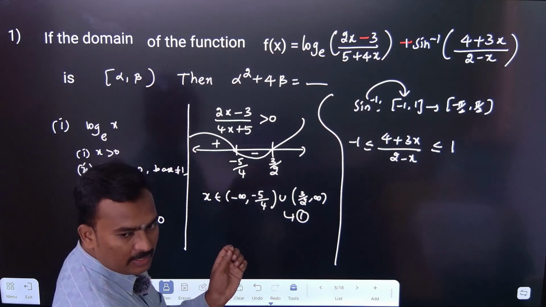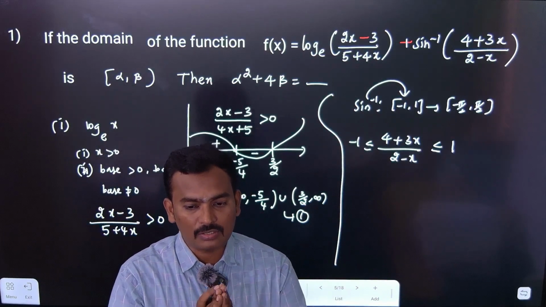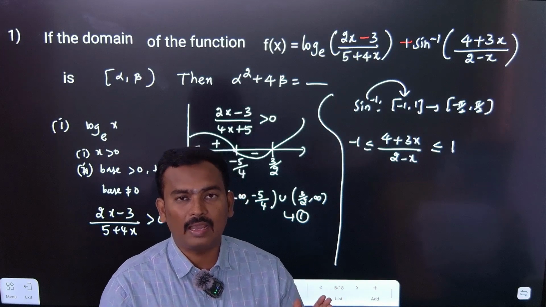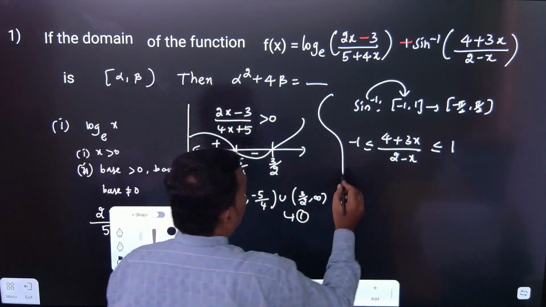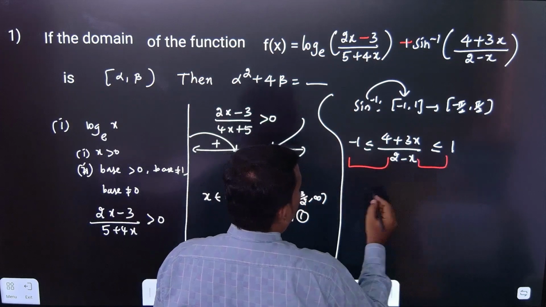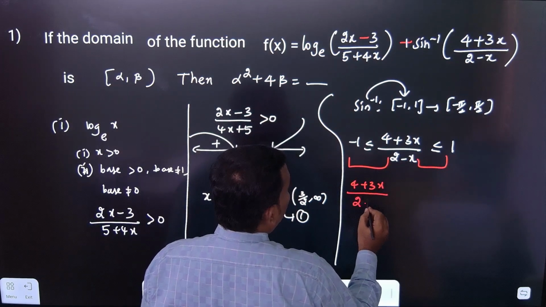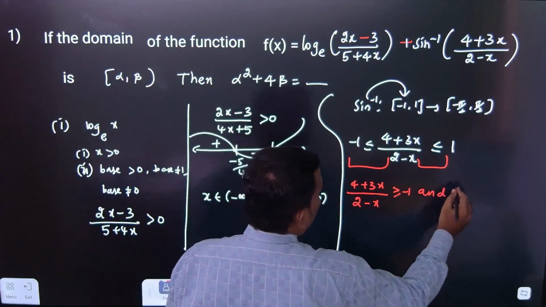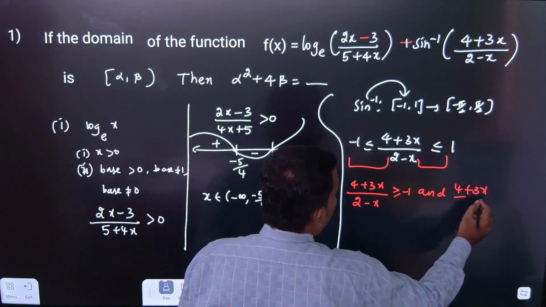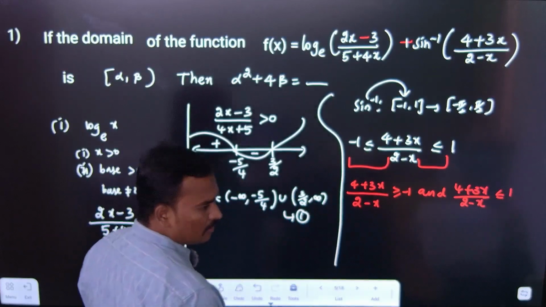Okay, you can do this one. You have to split the interval. Whenever some expression is between two numbers, you have to divide this interval and take the intersection, right? First you have to split this one. So (4 + 3x)/(2 − x) is greater than −1, and (4 + 3x)/(2 − x) is less than or equal to 1.